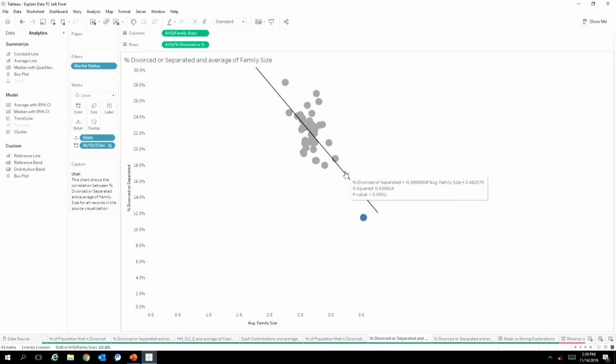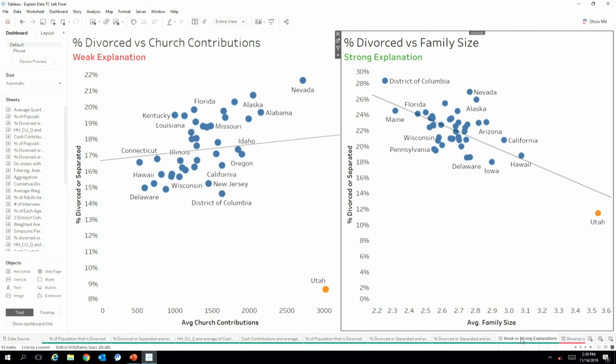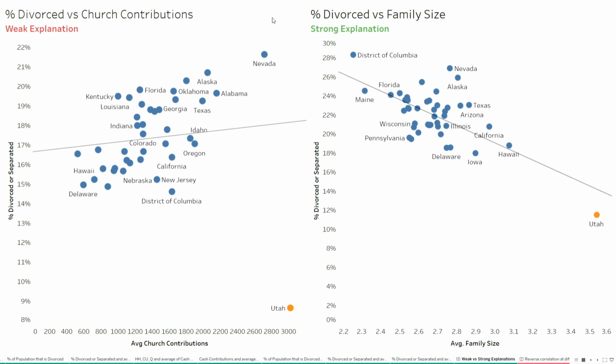So if we now make a comparison between the two approaches, the one where they donate to church versus they have large families, we really got two different types of explanations. The first was a weak explanation, which is like, Utah's an outlier on both of these things.